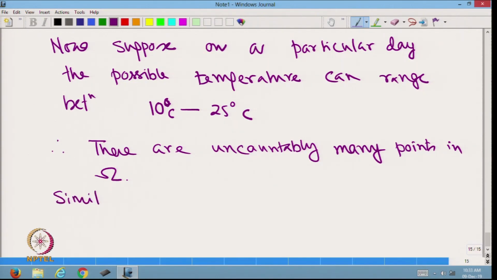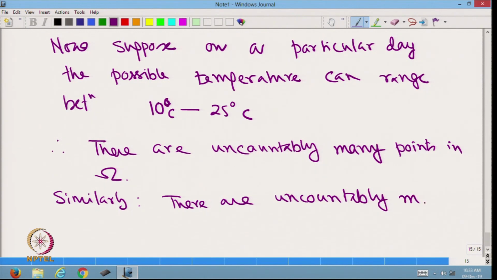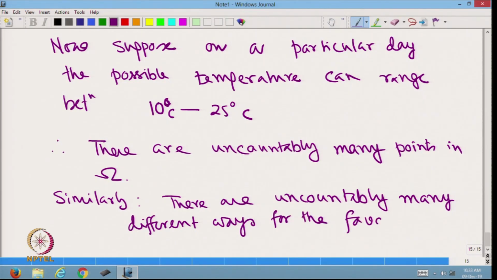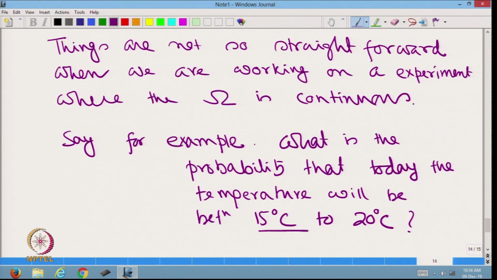Similarly, there are uncountably many different ways for the favorable event to happen, because our favorable event is that the temperature will be between 15 to 20 degree Celsius.